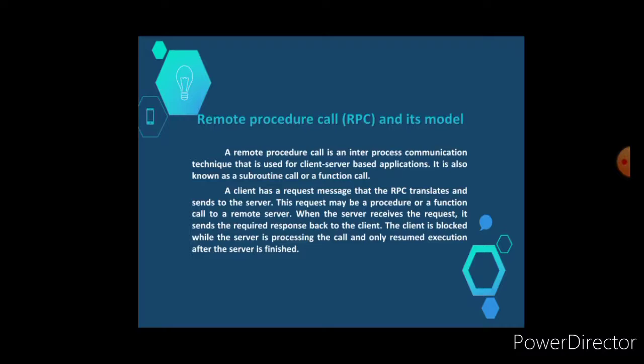This request may be a procedure or a function call to a remote server. When the server receives the request, it sends the required response back to the client. The client is blocked while the server is processing the call and only resumes execution after the server is finished.